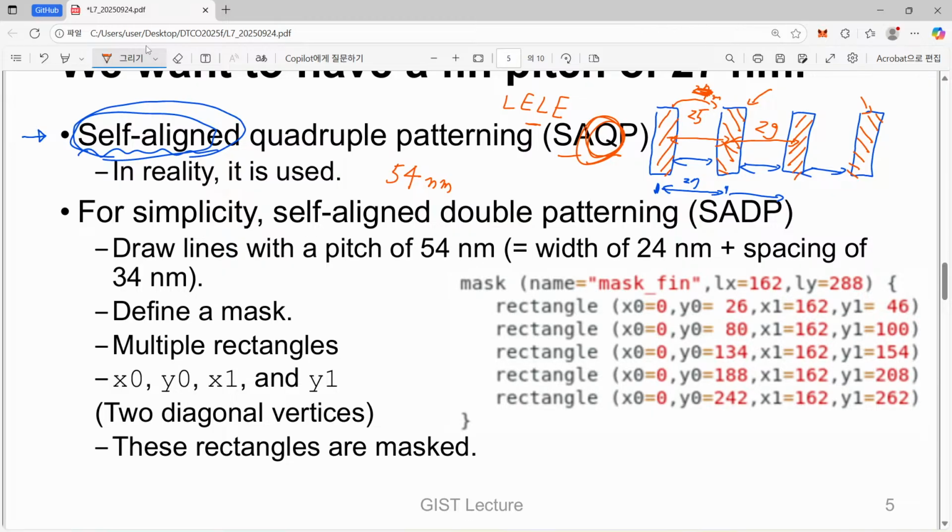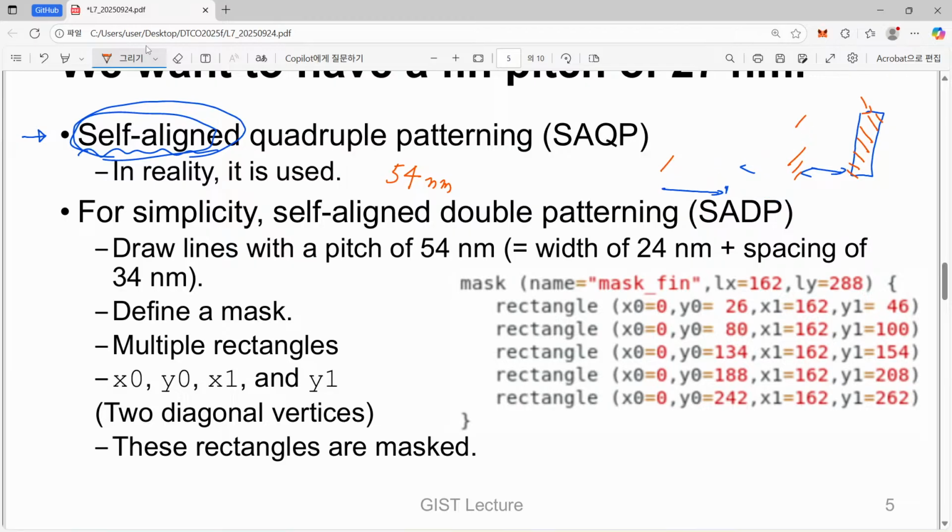But this LELE is actually being used in reality. It means that our litho engineers are quite good at controlling the margin or misalignment of our two litho steps. But anyway, we wanted to reduce such a potential problem of misalignment.